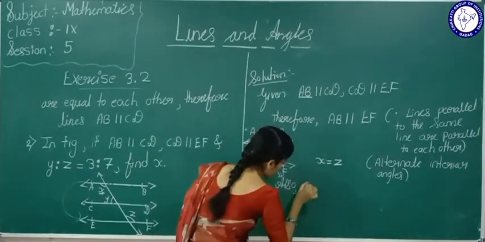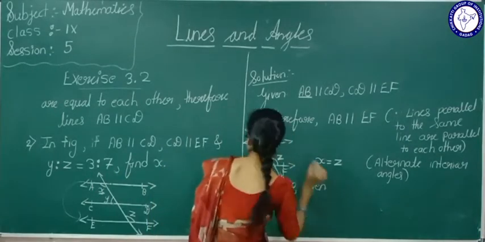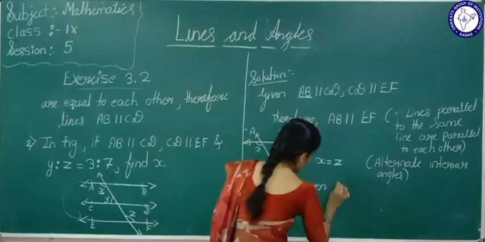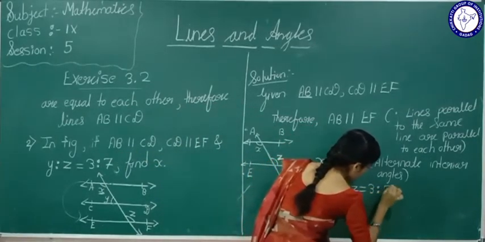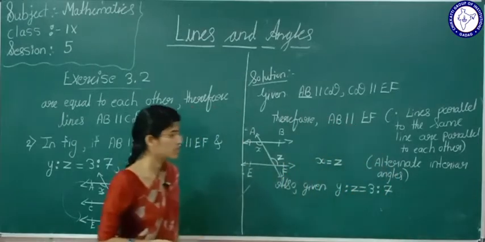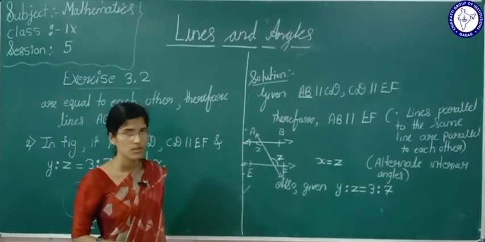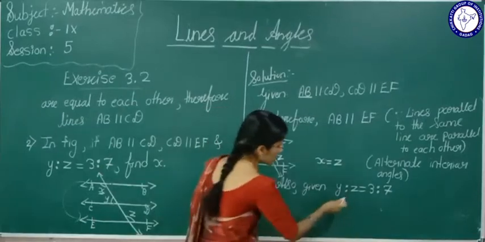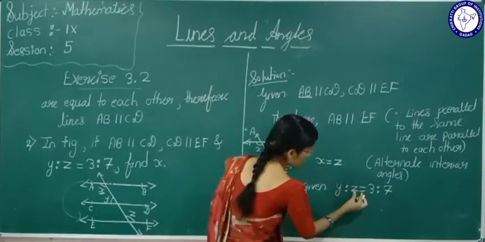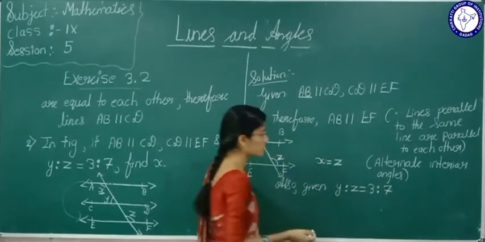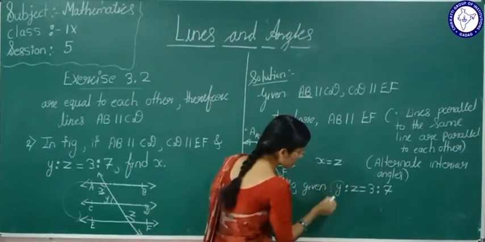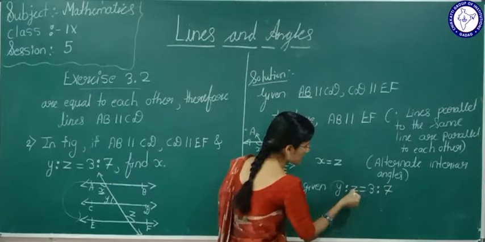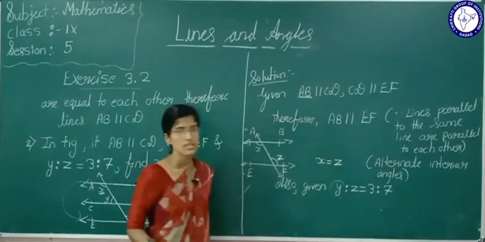Also given, what are they given? Y is to Z is equal to 3:7. They have given the ratio. Y is to Z is equal to 3 is to 7. Now see students, don't make the mistake, don't take the y value as 3 and z value as 7.